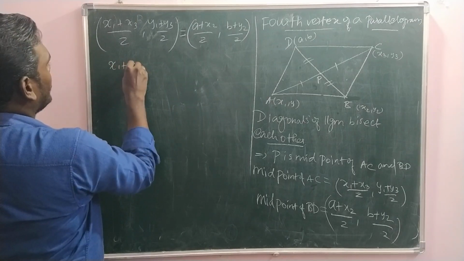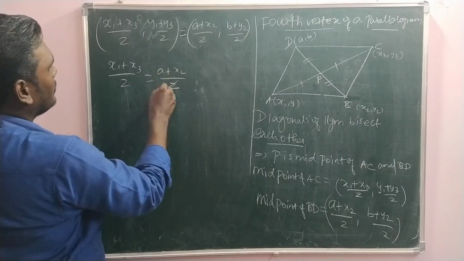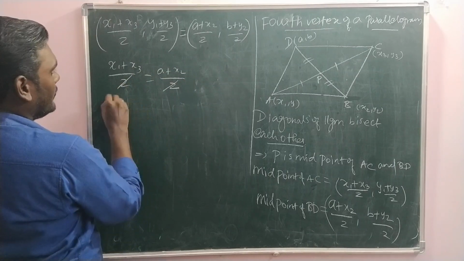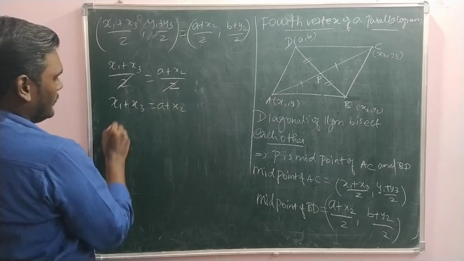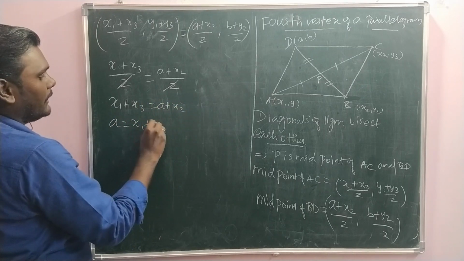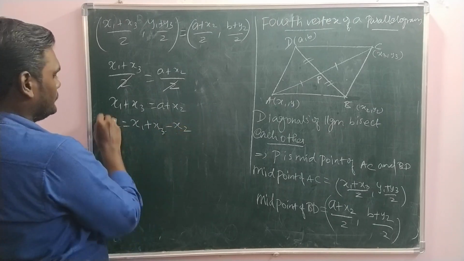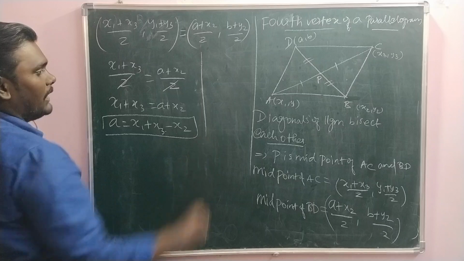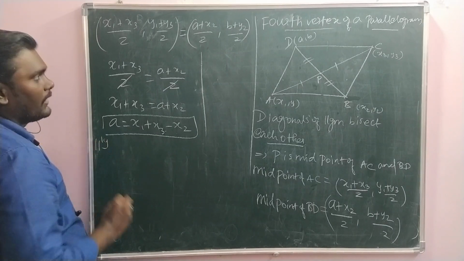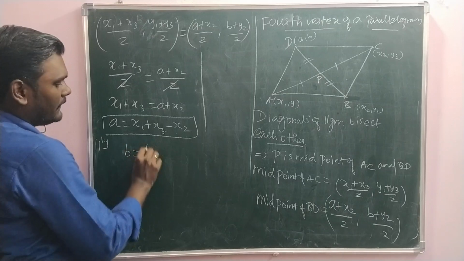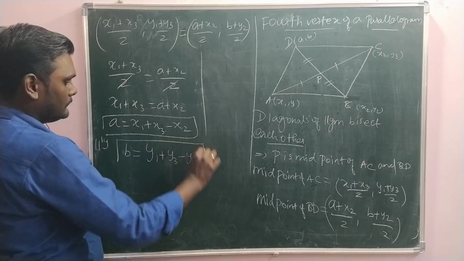We have (x1 plus x3) by 2 is equal to (a plus x2) by 2. So the by 2 will get cancelled. We'll get x1 plus x3 is equal to a plus x2, and we have a is equal to x1 plus x3 minus x2. Same happens for b. Similarly b is equal to y1 plus y3 minus y2.